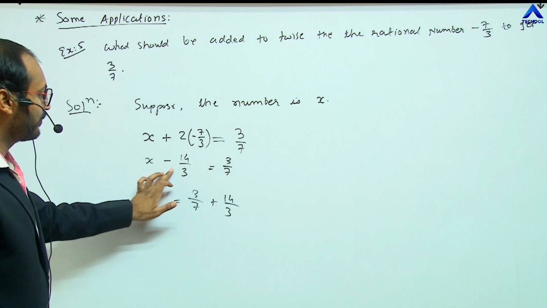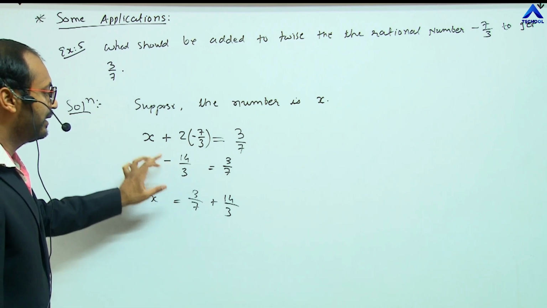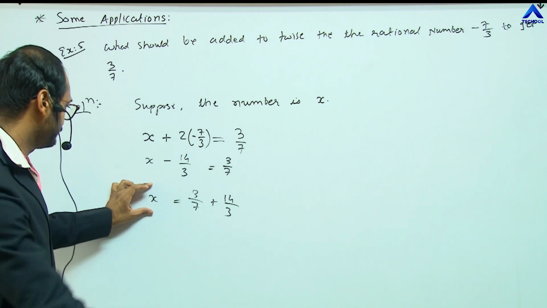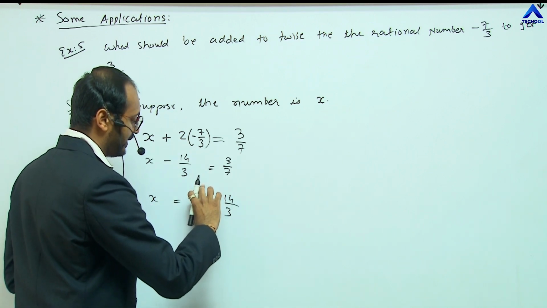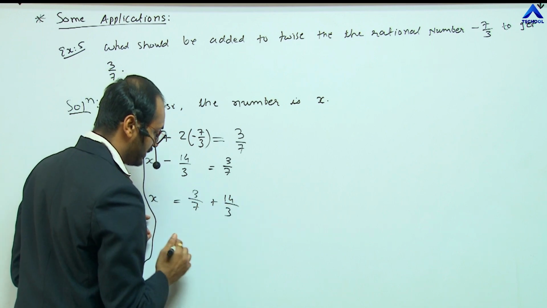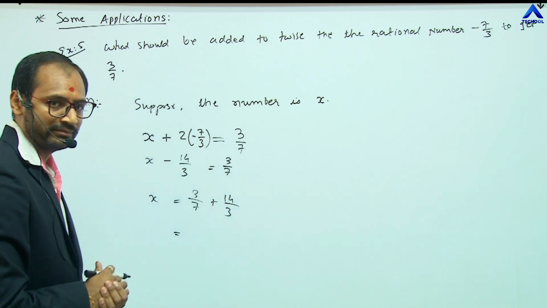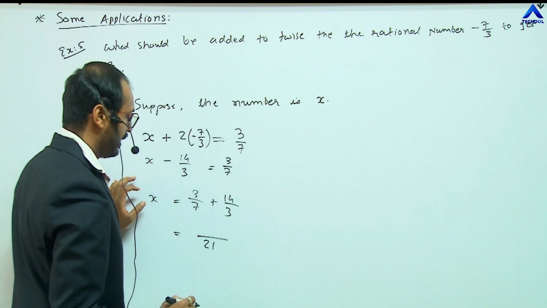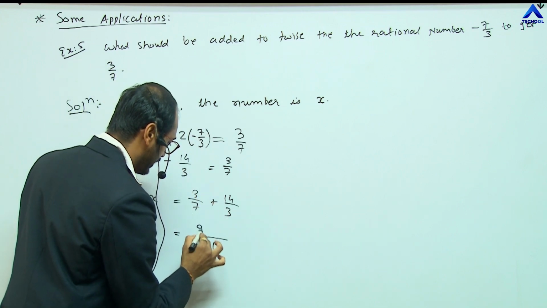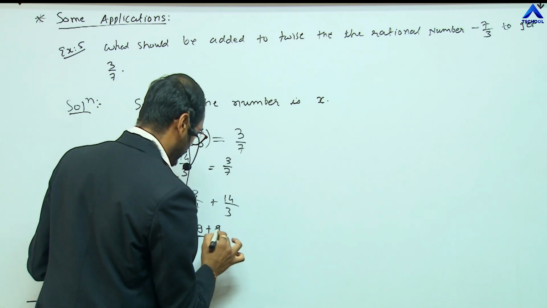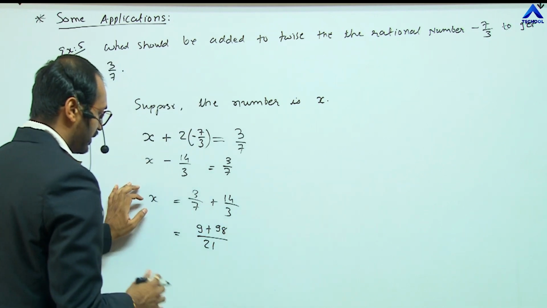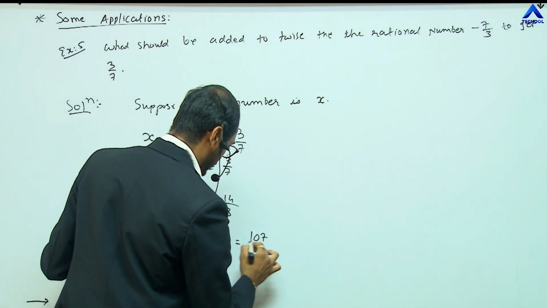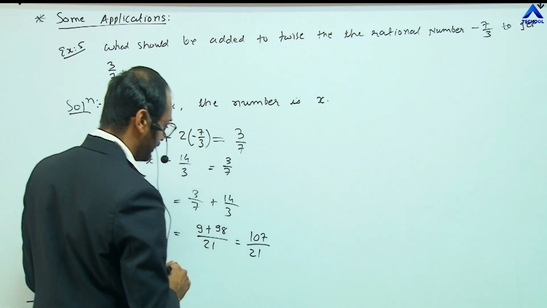Here minus 14 by 3 and plus 14 by 3 become 0. So x remains alone. On the right side, 3 by 7 plus 14 by 3. Here what is the LCM? 21. 3 threes are 9, plus 98. What is this addition? 107 divided by 21.